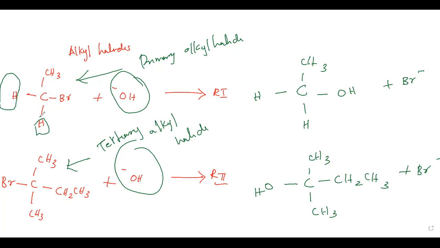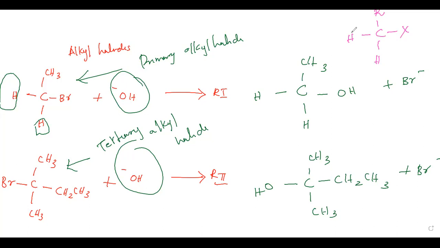Alkyl halide means you will have one CX bond. With that, you will have one alkyl group along with 2 hydrogen. That is the primary.